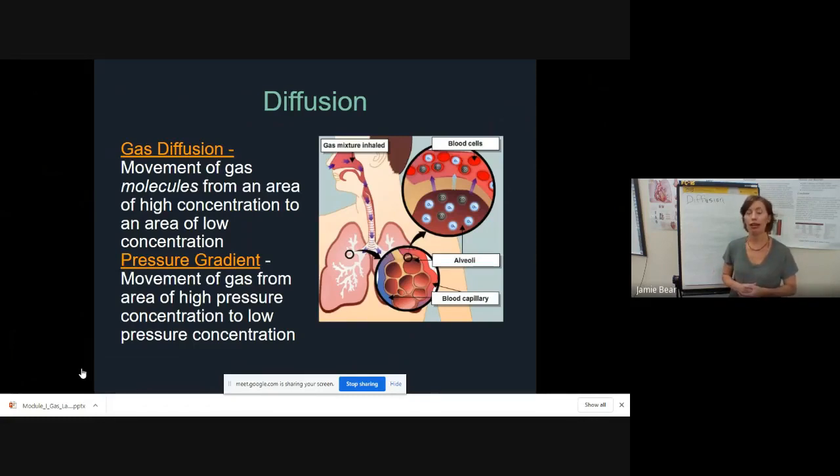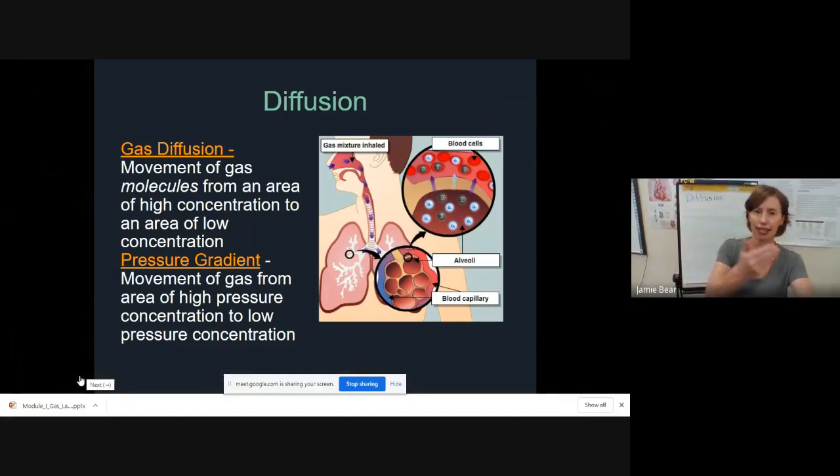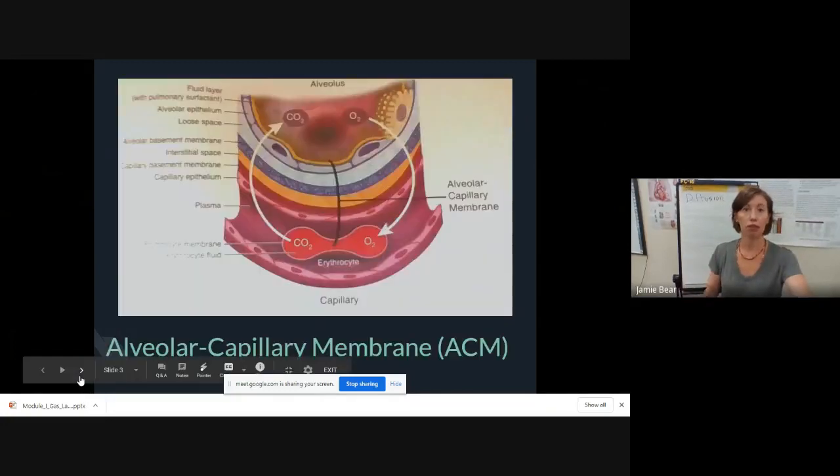In that case, oxygen is pulled in from the environment, and then it comes through the tracheobronchial tree, and then down in the alveoli is where it meets the blood capillary and it diffuses across the alveolar capillary membrane. Carbon dioxide diffuses from the blood into the alveoli, in which we move it out.